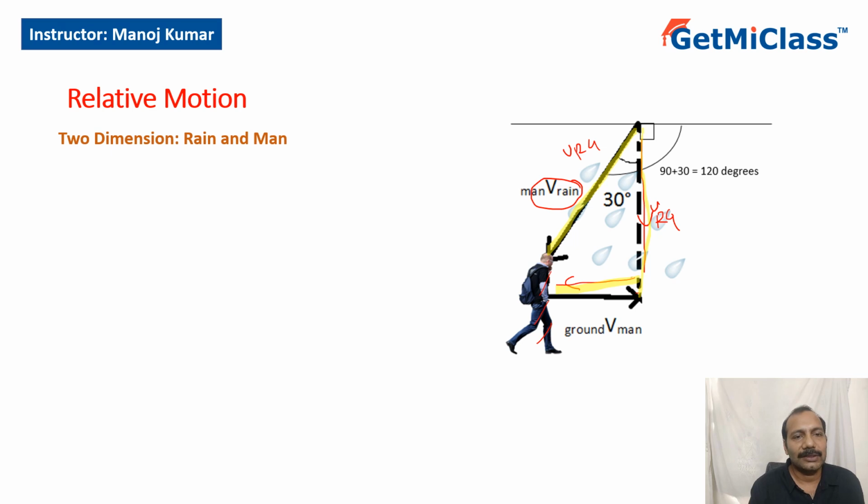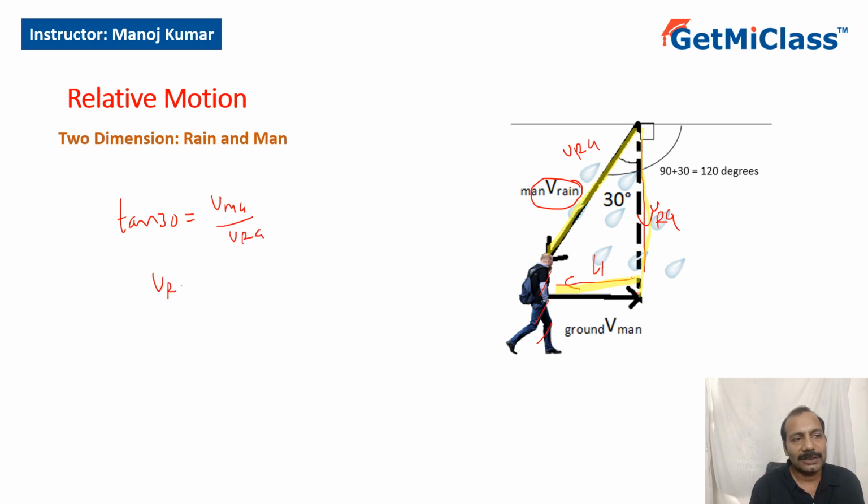Let's say I assume that the man is moving at 4 meter per second and he feels the rain which was actually falling at an angle to be falling vertically at 30 degrees. Again I'll use trigonometry. From trigonometry I have tan 30 degrees equal to velocity of man with respect to ground by velocity of rain with respect to ground.